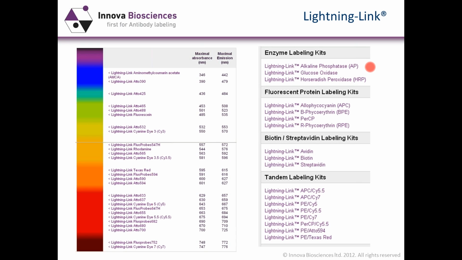You can conjugate to alkaline phosphatase, glucose oxidase, and horseradish peroxidase. And for the other flow cytometry applications, we can have conjugations to fluorescent proteins such as R-phycoerythrin, PerCP, and even to the tandem dyes such as PE-Psi5 and PE-Psi7.